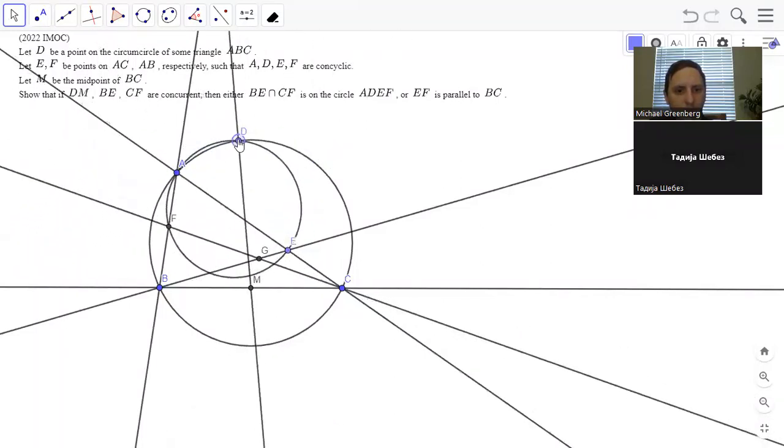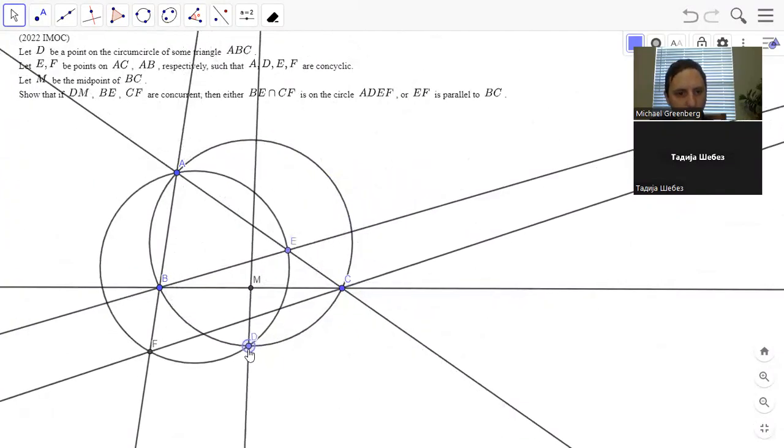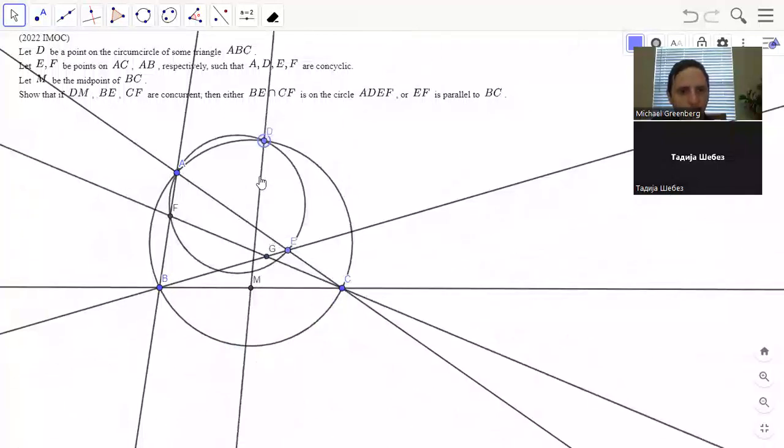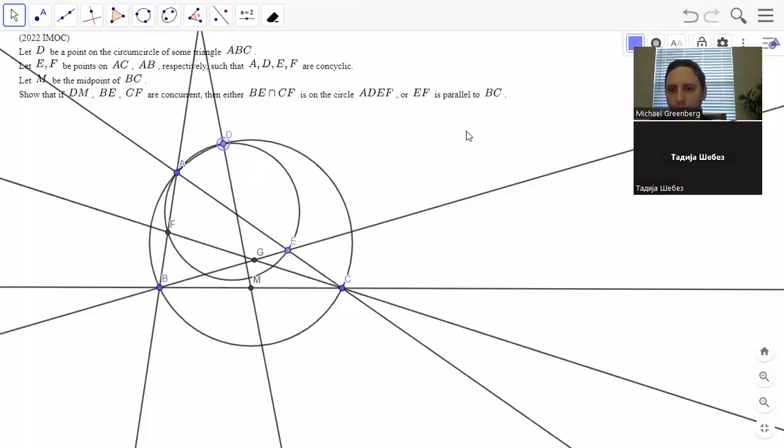But the other one is where D, yeah, I don't understand the other configuration. Let's see what Wen just said.